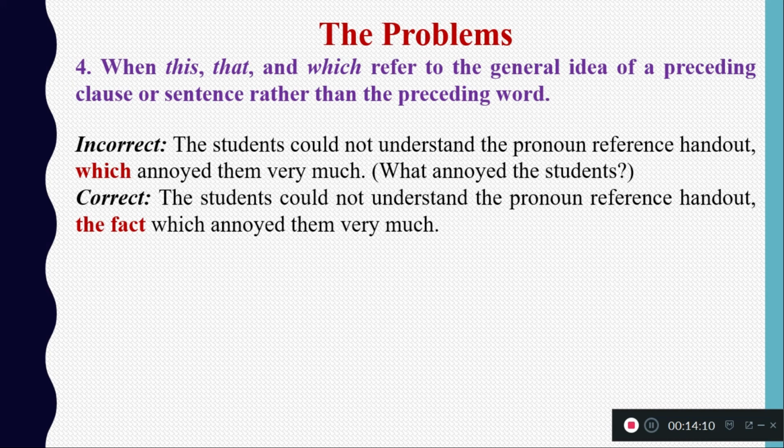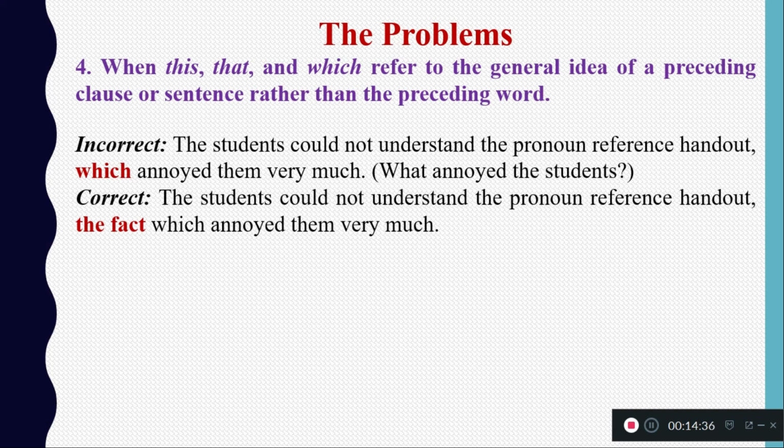For example, "The students could not understand the pronoun reference handout, which annoyed them very much." Here, what annoyed the students? What "which" means is not clear. So it should be written in this way: "The students could not understand the pronoun reference handout, the fact which annoyed them very much."